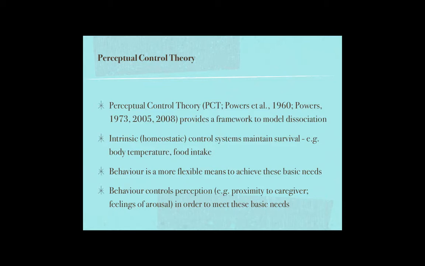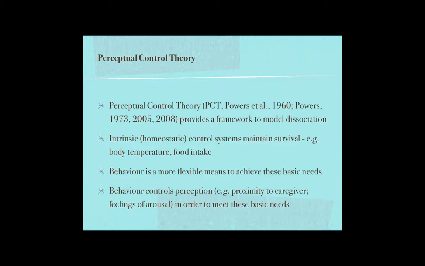Now, these systems within biology are uncontroversial, and they're grounded within very early development. Essentially what PCT says is that there's another set of control systems that develop just like the homeostatic ones, but these ones are in the brain and they control perceptual variables rather than physiological ones, and they use behaviour as the way of doing so.